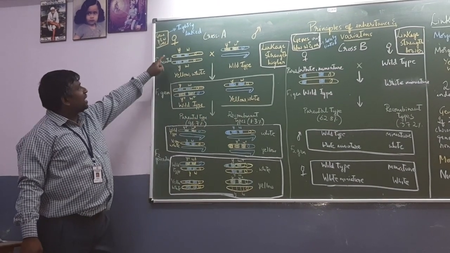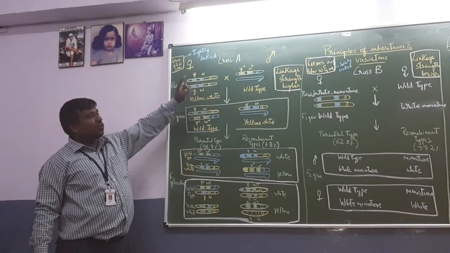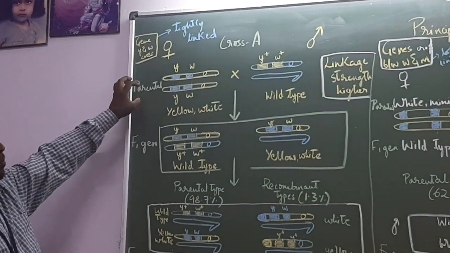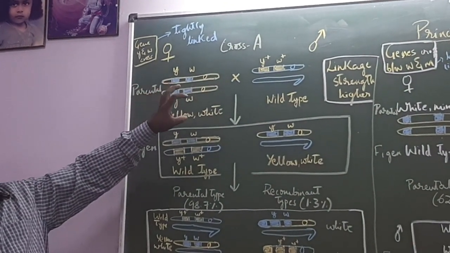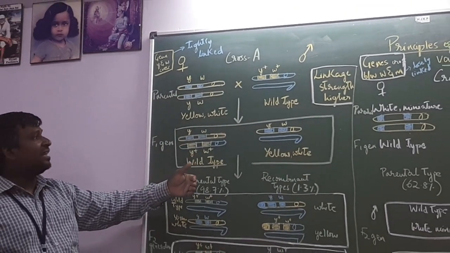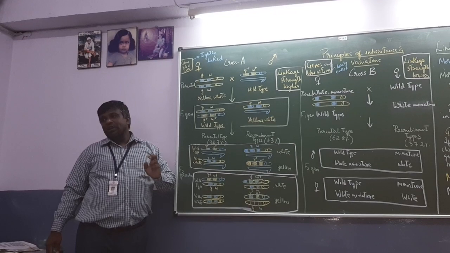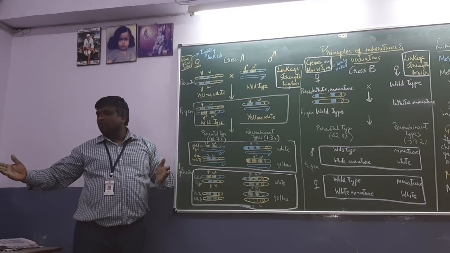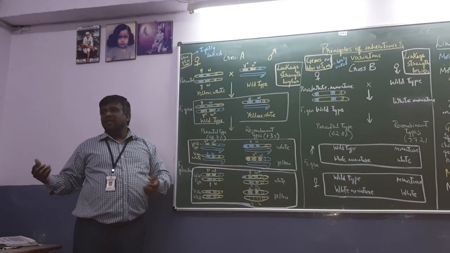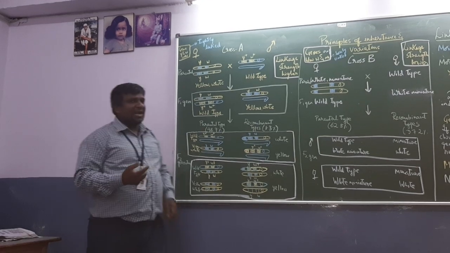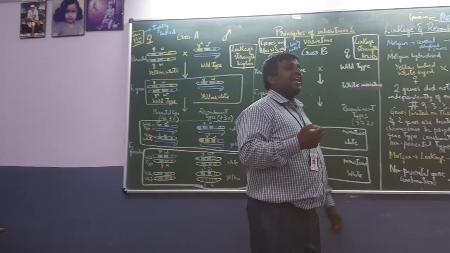If two genes are located on the same chromosome, the proportion of parental gene type will be more than the non-parental, that is, the recombinant types. Non-parental types, what do we call them? Recombinant types.